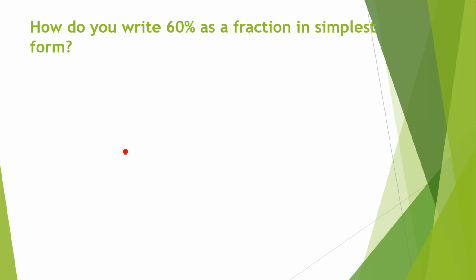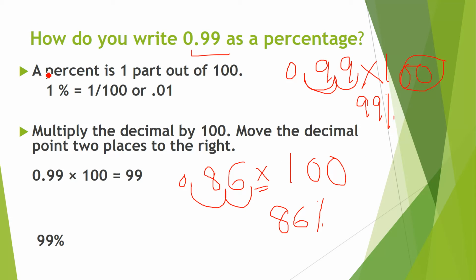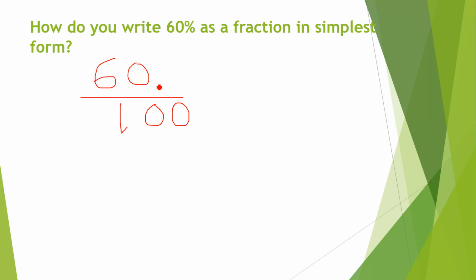Right? The next question is, how do you write 60% as a fraction? Now it is a percent. You have to write it as a fraction. So you have to divide 60 by 100, because these are percentage questions, and a percent is one part out of 100. That is why we are multiplying and dividing by 100.